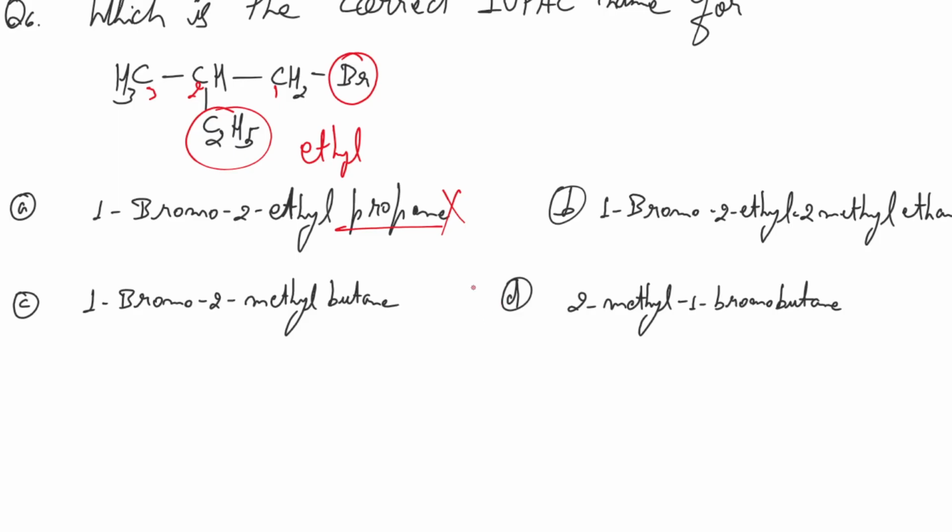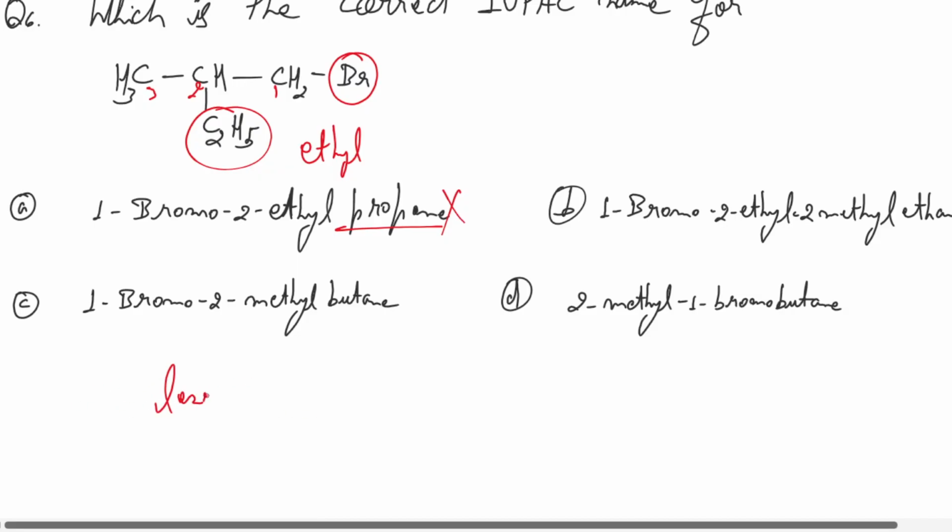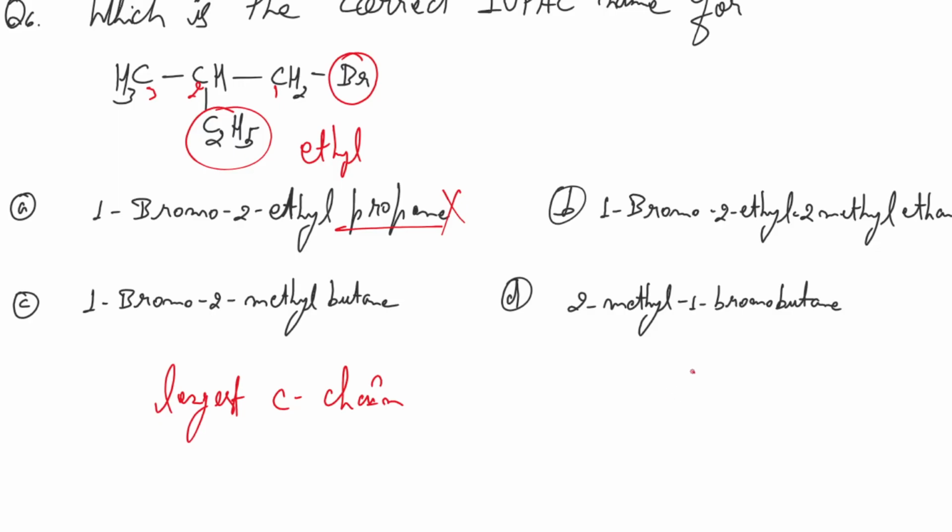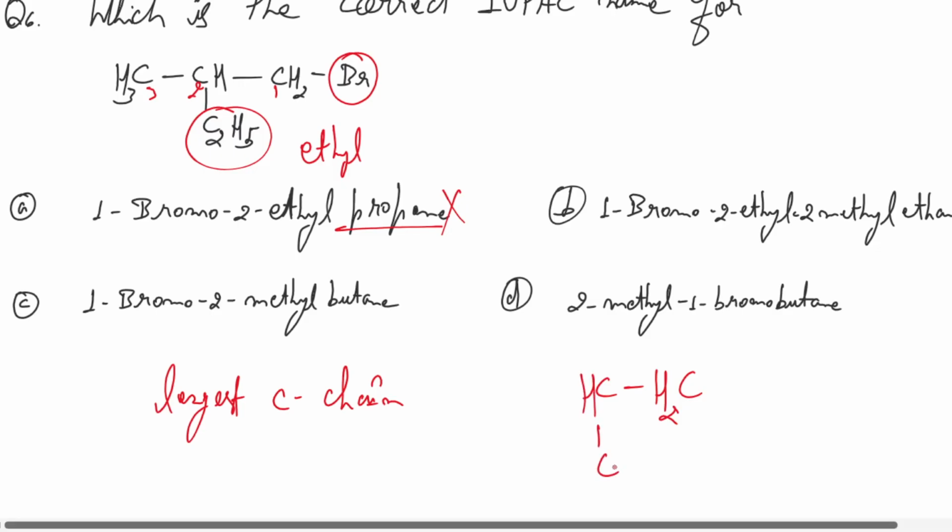What we will do here is expand this, because we have to focus on the longest carbon chain, right? How can we get the longest carbon chain? If you write this in this manner, CH2 CH CH2 CH3, like this, and then CH3.